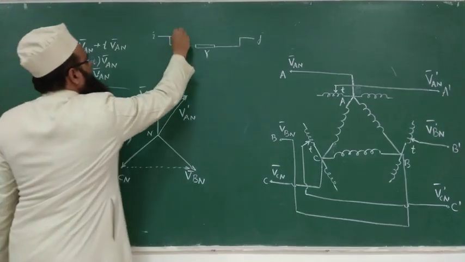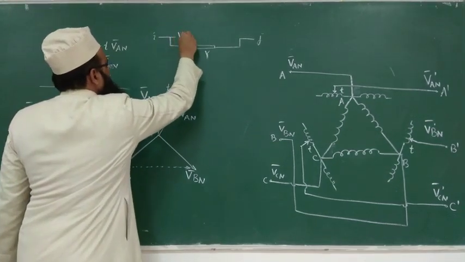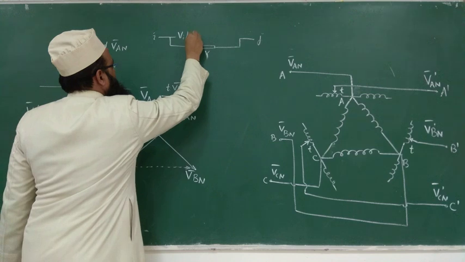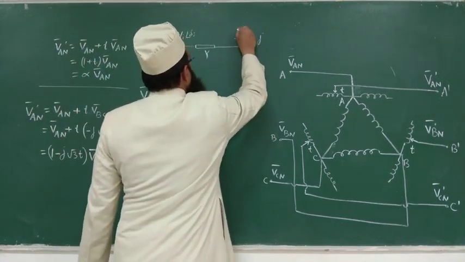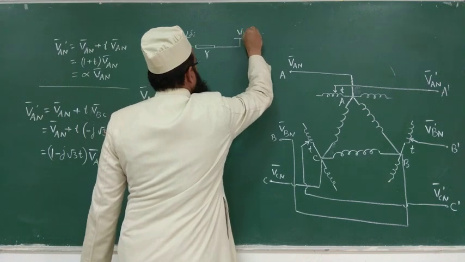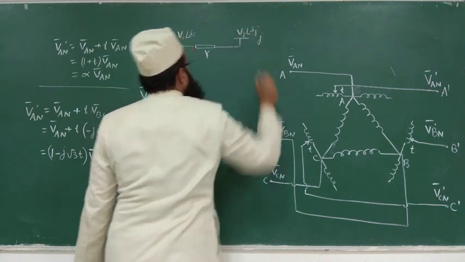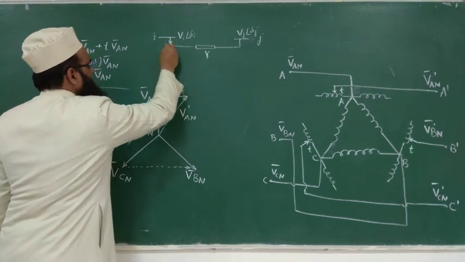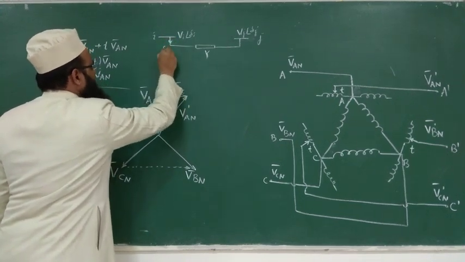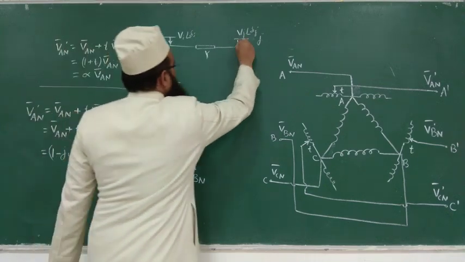So you know that the bus voltage of this is Vi angle delta i, and here this is Vj angle delta j. If you are representing the power flow from here into the system as Si, and here as Sj.